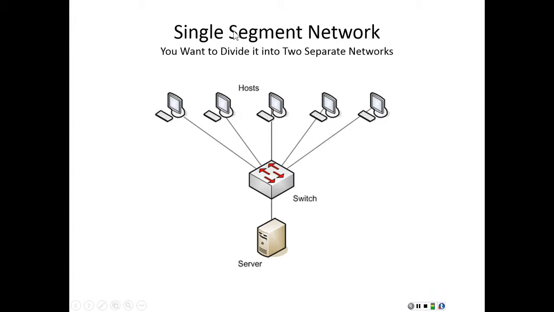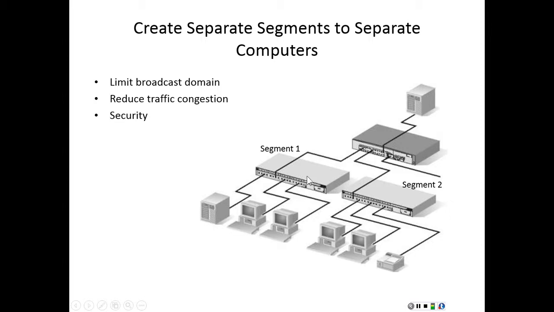If you had a single segment and you wanted to divide that single segment network into two separate networks so you could separate your computers, then what you could do is buy a second switch and put half of the computers on one switch and half of the computers on the other switch. And what that would do, it would create separate segments to separate the computers.